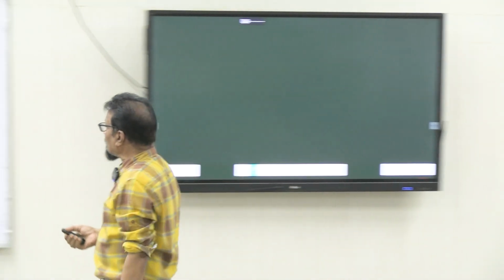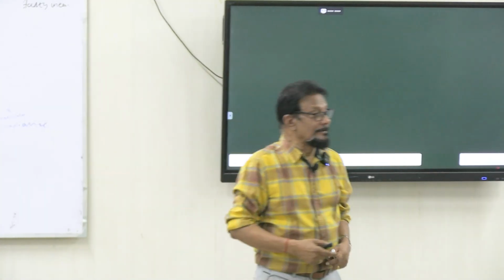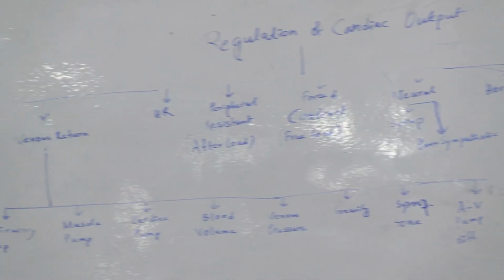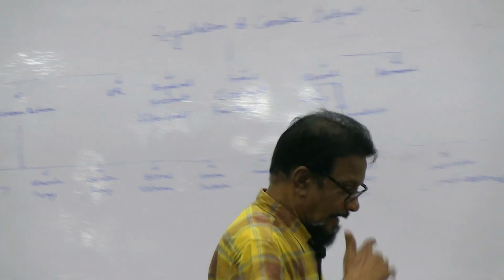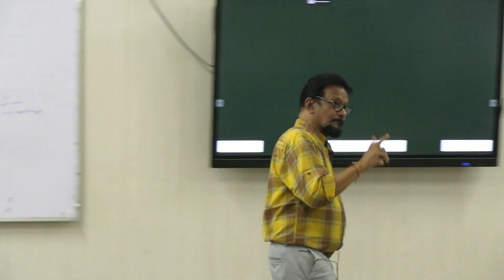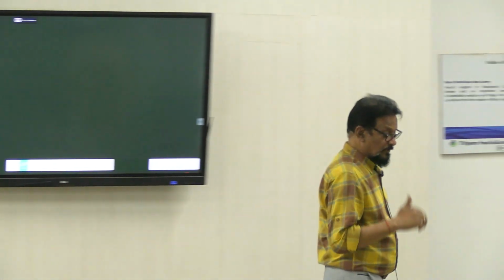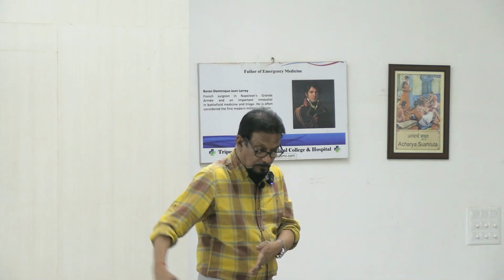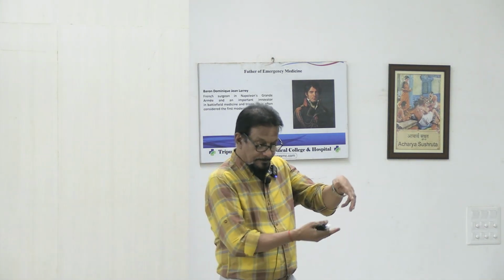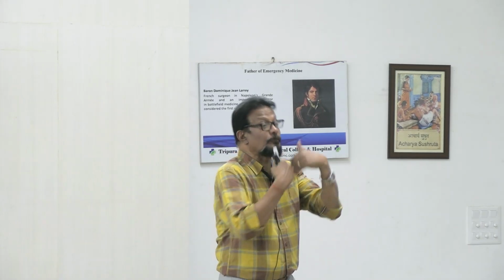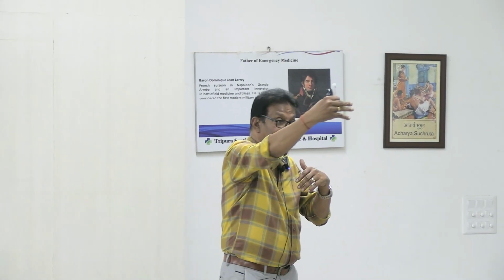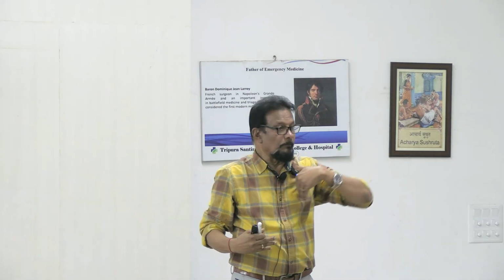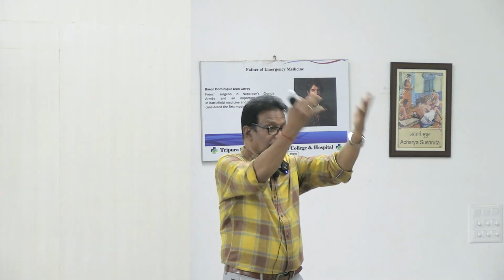Next, come to cardiac pump. Vis a tergo and vis a fronte. The cardiac pump has vis a tergo, meaning pressure from behind, and vis a fronte, pressure at the front.